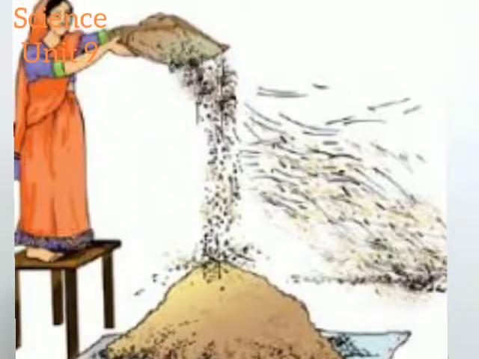So this process is called winnowing. Okay, so hand picking and winnowing. These are the two processes to remove the stones and the husk from the rice.